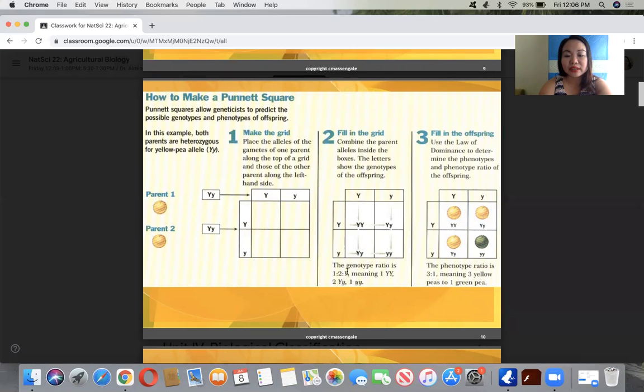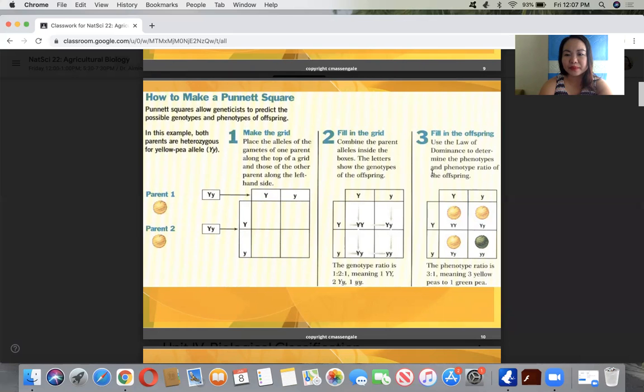So the genotype ratio is 1 to 2 to 1, meaning there is one double capital Y combination, two combinations of big letter Y and small letter Y, and one double small letter y combination.